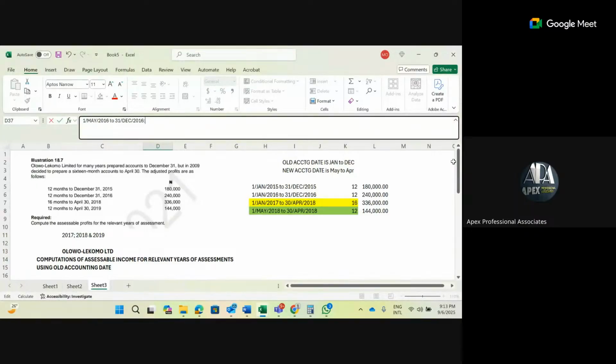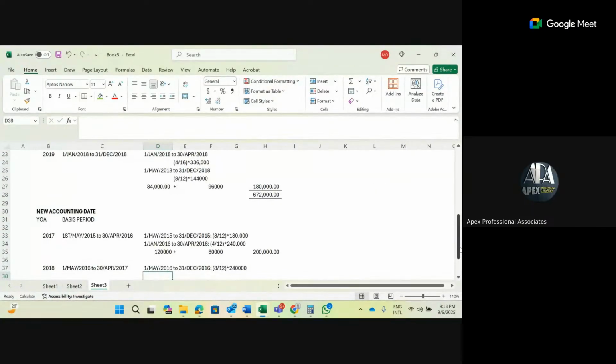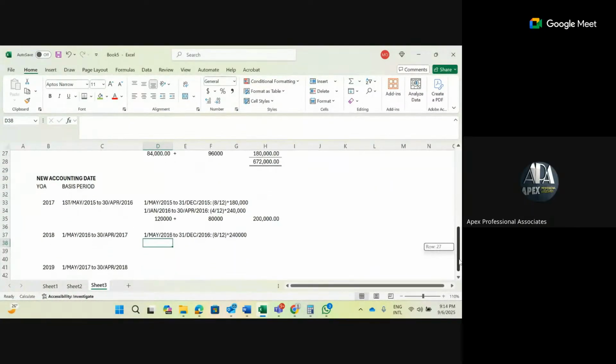How many months do we have from May to December 2016? 8 months. And we are going to get that profit of 8 months from this one of 240,000 naira. So 8 divided by 12 times 240,000 naira.